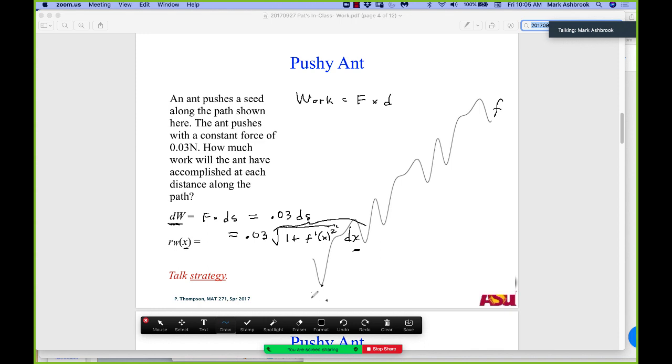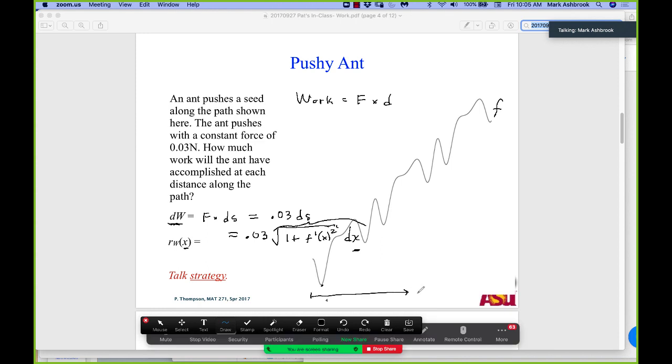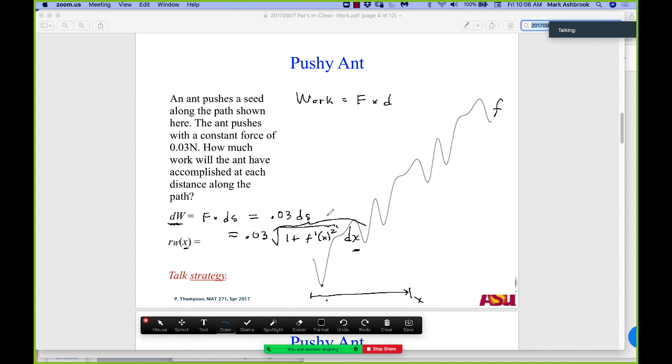So x being what? Horizontal position, like it always is. So this little ds allows us to do a transformation from pushing along the curve, which we need to accurately calculate the work, to having our independent variable be x now, horizontal position. So looking at this, if dw equals this thing times dx, what's the rate of change of work?